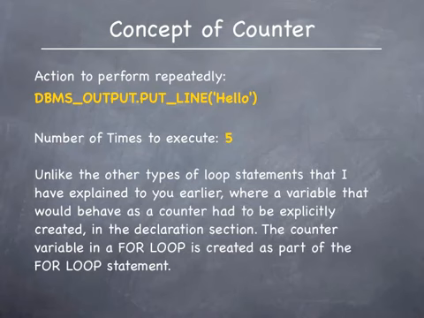In the for loop statement, you do not declare a variable that will behave as a counter in the declaration section. You define a variable as part of the for loop statement which behaves as a counter. The initial and the final values taken by the counter are also defined in the for loop. The for loop will automatically take care of modifying the value of the counter with each iteration.